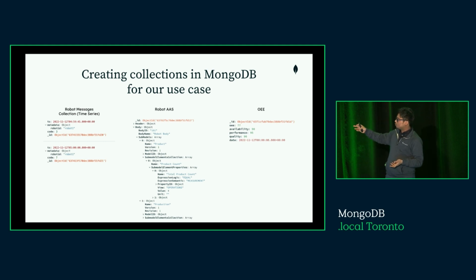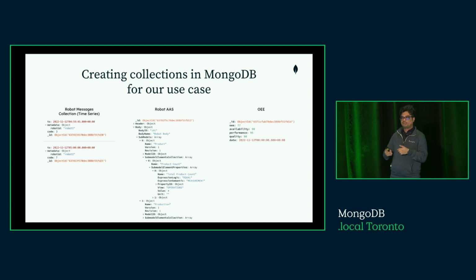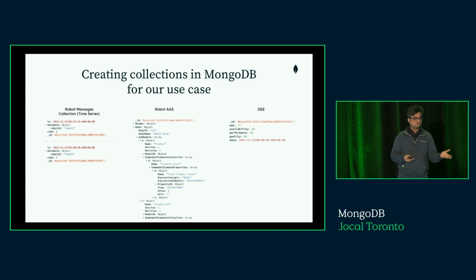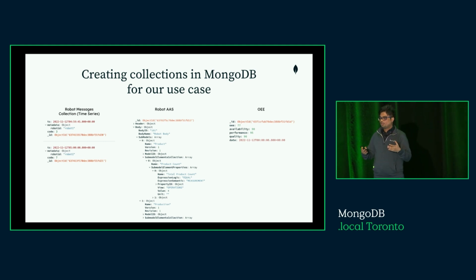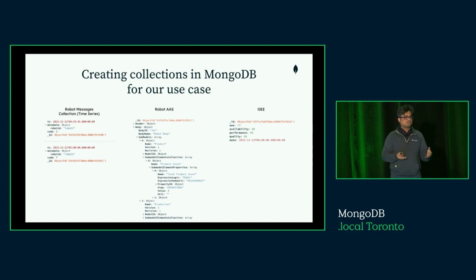One is product-related information that has properties stored in it regarding total product count, good product count, bad product count, and so on. And then we have a production submodel which has data stored with regards to time, total runtime, total stop time, and so on. We can add additional submodels to it as well, and because MongoDB follows the document model, it makes it very flexible to add more submodels without worrying about schema design.